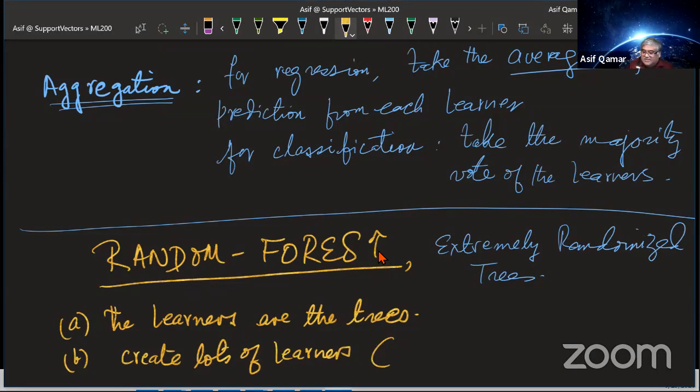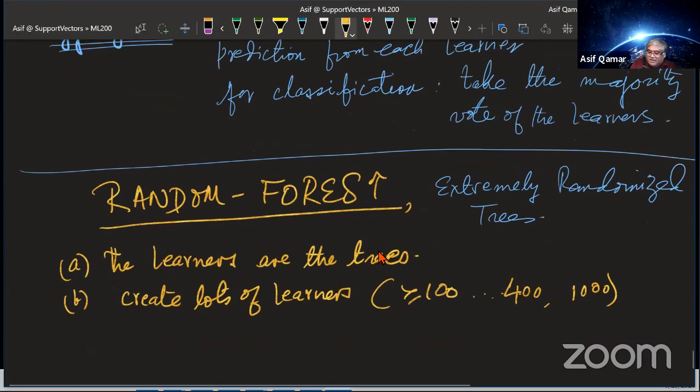My basic rule is I start out at greater than 100 and I go up to typically, based on that situation, 400 or sometimes 1,000. Like lots and lots of learners. We live in the world of computational plenty. Go at it.